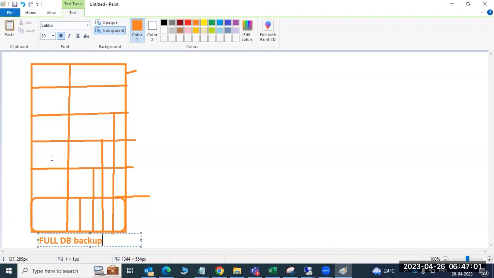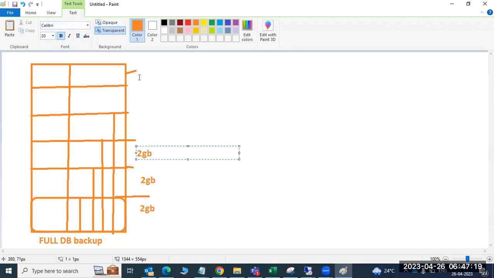Why? Because when you are taking the backup, it keeps increasing the file system, right? Today it is 2 GB. Again you take 2 GB, so 2 GB plus 2 GB, 4 GB will be created. Then again 2 GB plus 2 GB, 6 GB will be created.